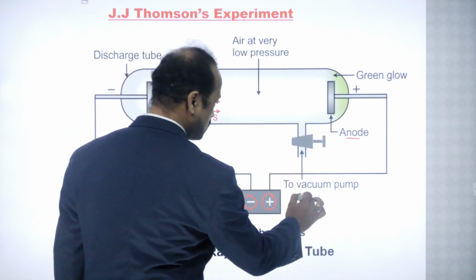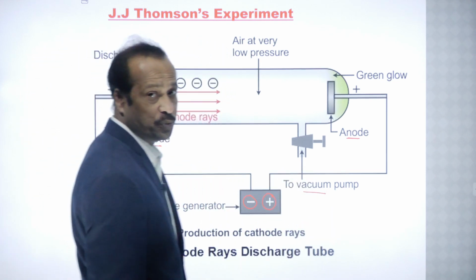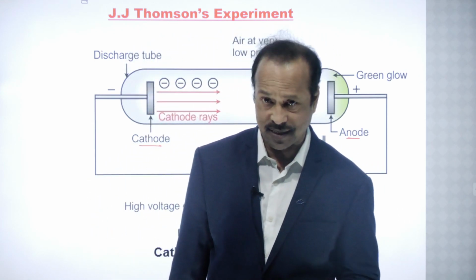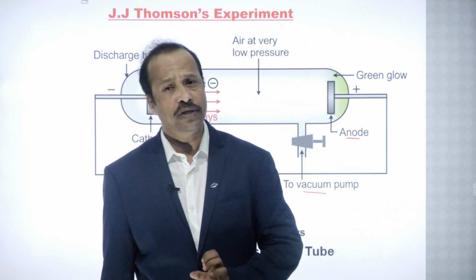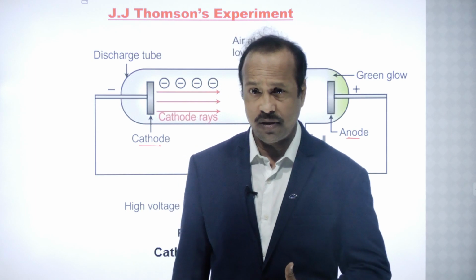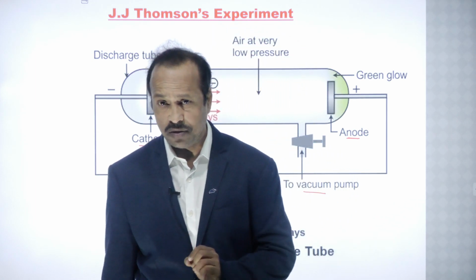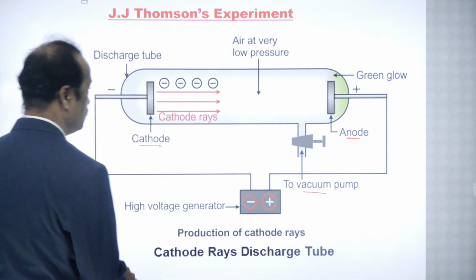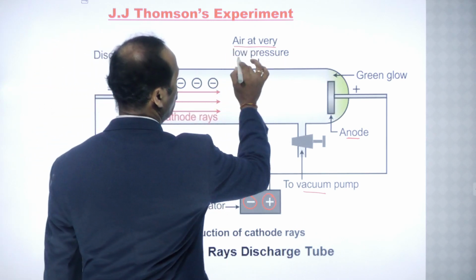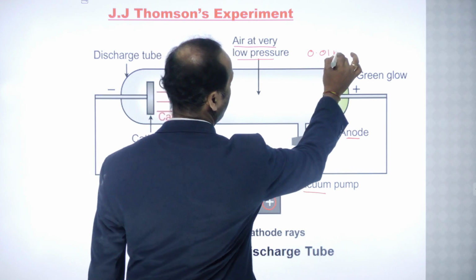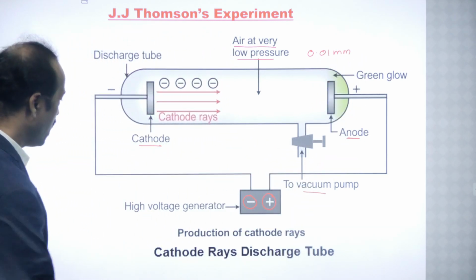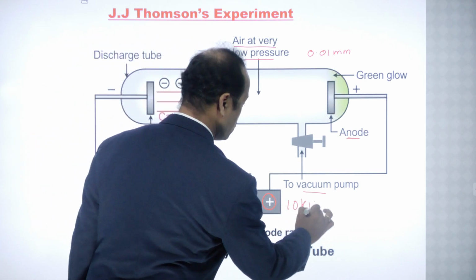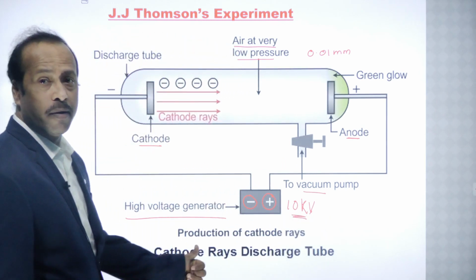And there is one vacuum pump fixed here to remove the air from the discharge tube to maintain a low pressure inside, that is 0.01 mm of mercury pressure. And a high voltage, approximately 10 kilovolts, means 10,000 volts or above, is maintained.